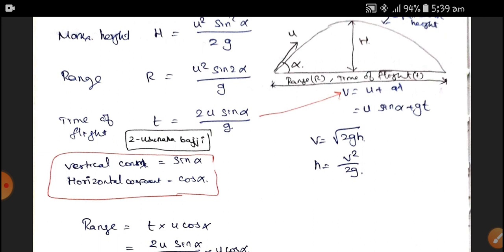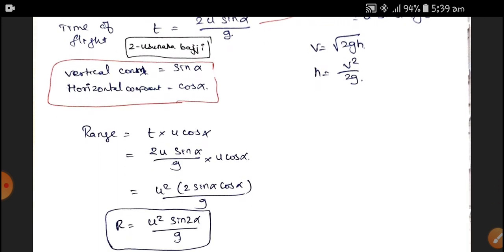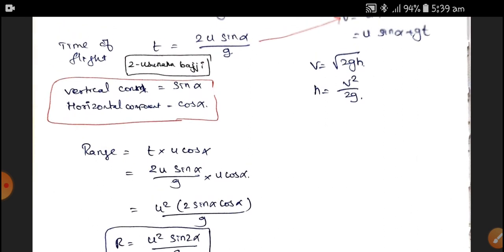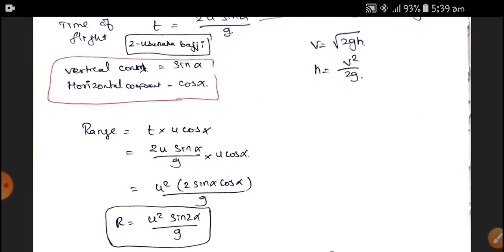If we are interested in finding the range in the horizontal direction, then range is equal to time into distance, where distance is the horizontal component. Therefore t into u cos alpha, where t is 2u sine alpha divided by g, into u cos alpha.